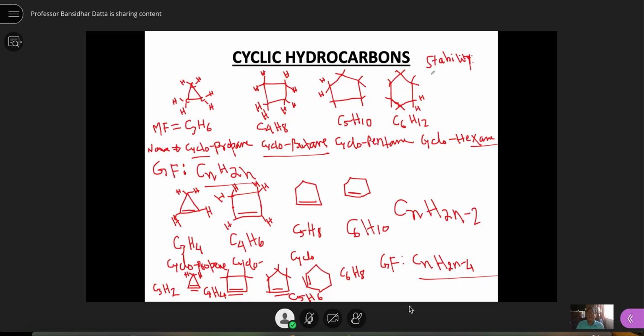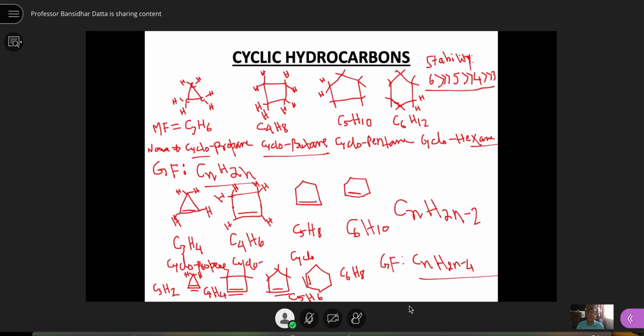Cyclohexane is much more stable compared to cyclopentane. Cyclopentane is more stable as compared to cyclobutane, and cyclopropane is the least stable. The 6 indicates the carbon number.